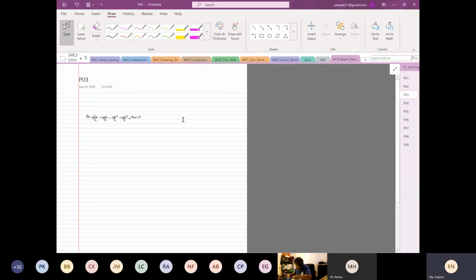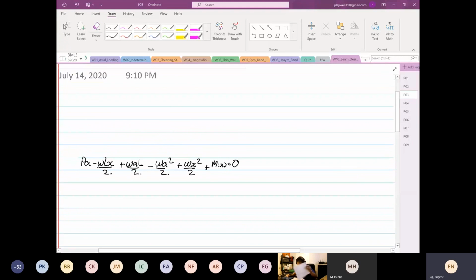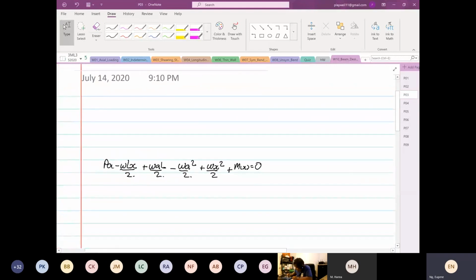So from here, we know that we have M as a function of x will be equal to minus PA plus omega Lx over 2 minus omega AL over 2 plus omega A squared over 2 minus omega x squared over 2.